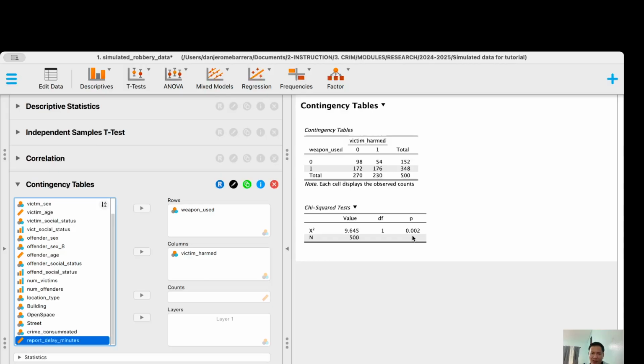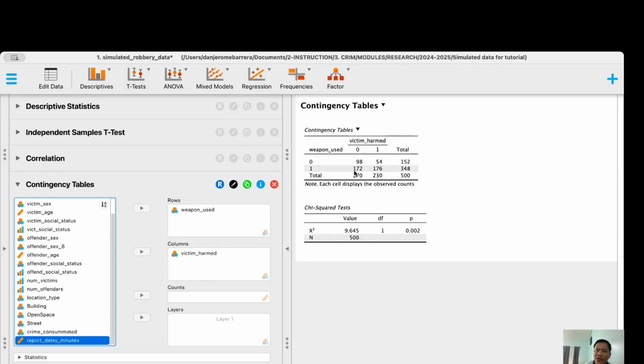So here, the p-value of the relationship between weapon use and victim harm is 0.002. That is way below 0.05. So there is a significant association.